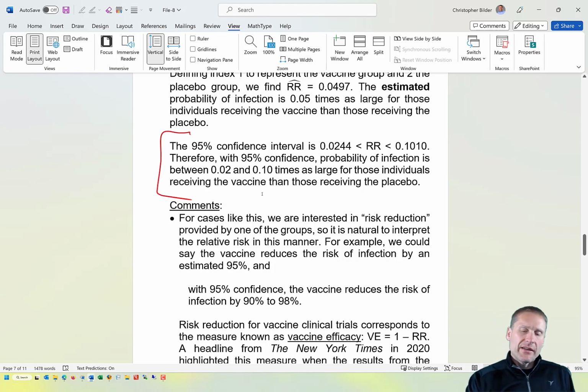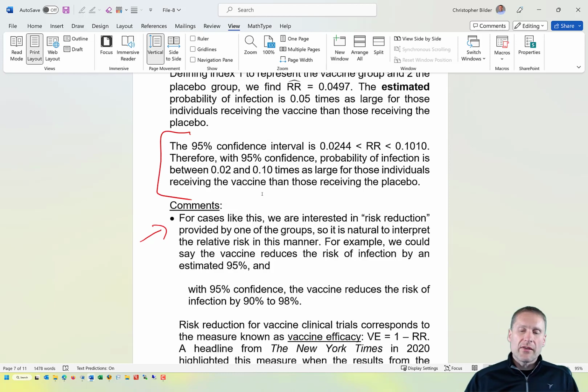And so this leads into a slightly different interpretation, especially in medical studies like this, where we're trying to prevent someone from coming down with a disease. We would like to know, well, how much has their risk of coming down with the disease or becoming infected been reduced by taking the drug versus not taking the drug?